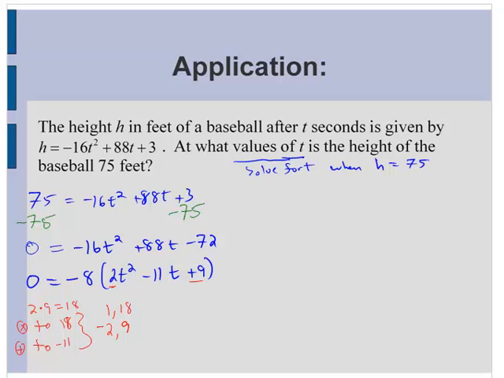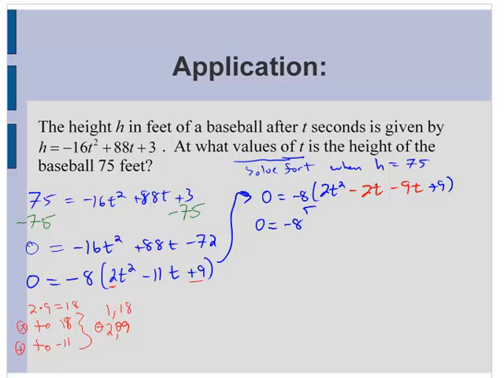And since we need the same signs, negative 2 and negative 9. So I'd have 0 is negative 8 by (2t squared minus 2t minus 9t plus 9).